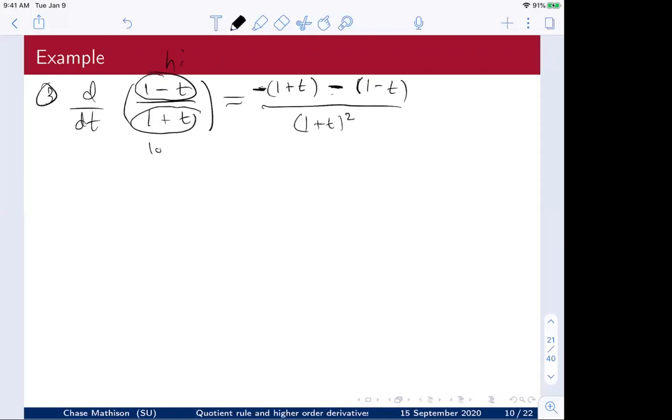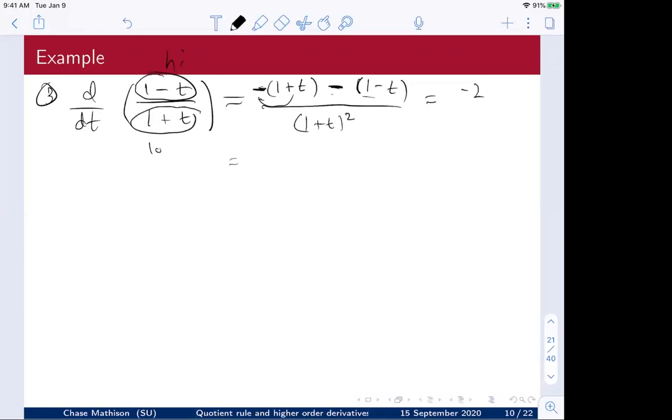Okay. So when I do a little bit of simplifying, I have a negative 1 minus 1 is going to be minus 2. And then negative t plus, sorry, minus negative t is going to be plus t. So that's going to cancel out, right?